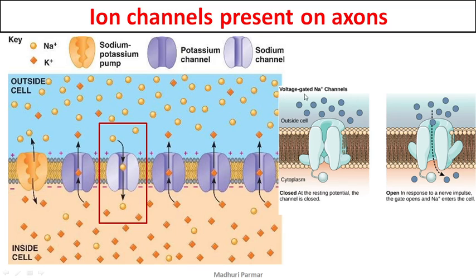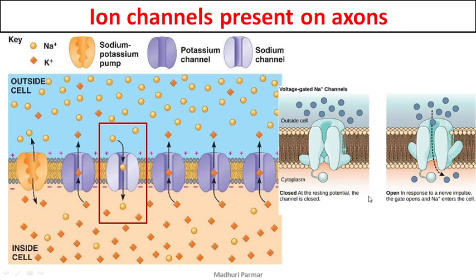Voltage gated channels means that when there is a change in voltage, only then these sodium ion channels will open. As you can see here, they have closed this sodium ion channel. Only when there is some voltage change, they will open up.